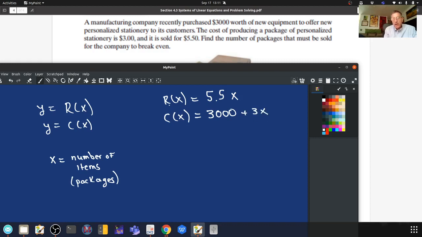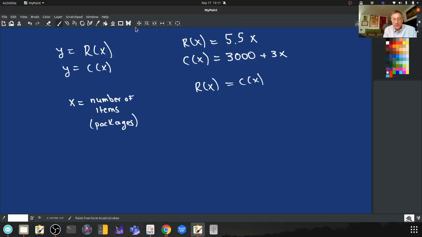So we want to know, when does R of x equal C of x? We could also solve this as a linear system, but I'm not going to mention that method any further. I'm just going to simply solve this equation.